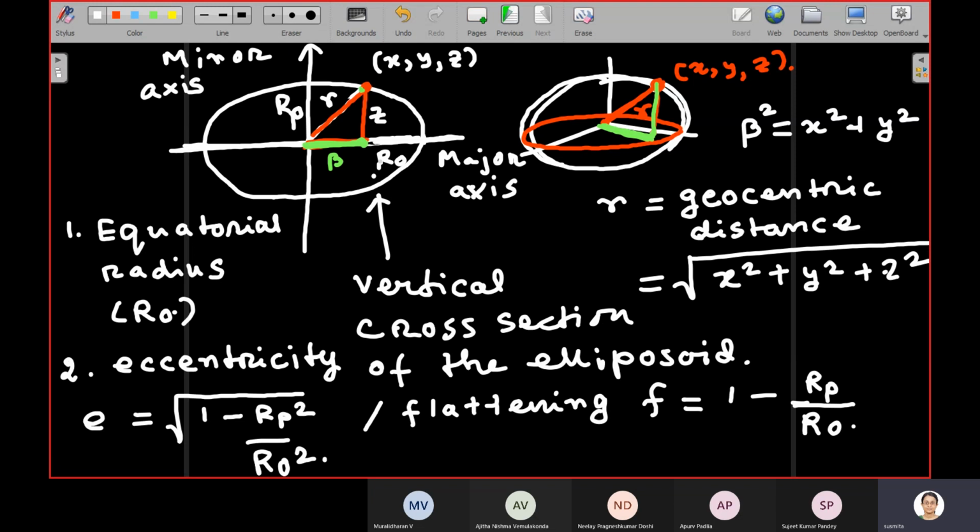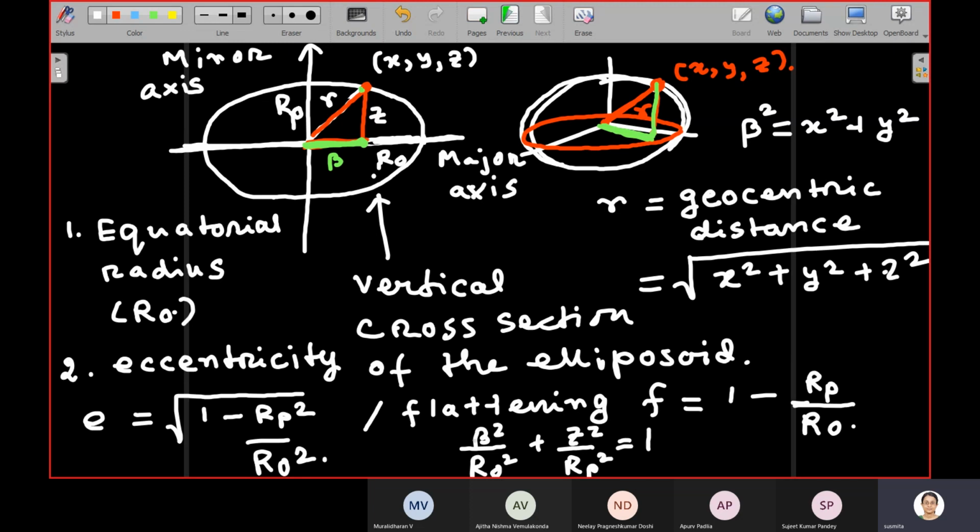You're telling me some equation in terms of x and y, so why don't you replace x and y suitably with beta and z? Then beta square by R naught square plus z square by RP square equals 1. This is the ellipse equation.